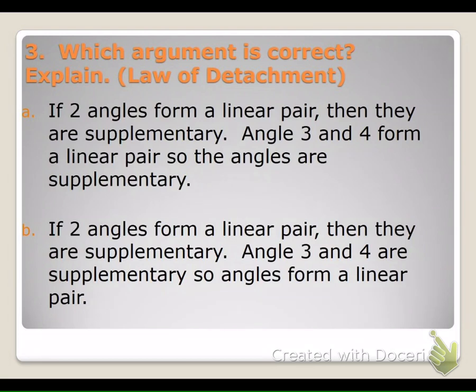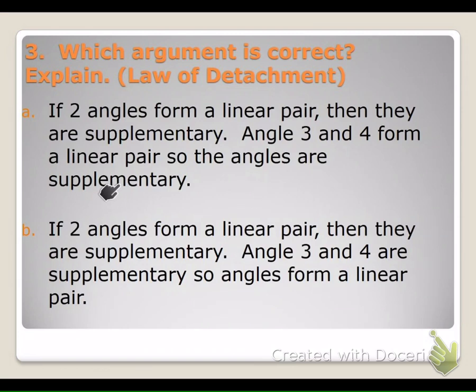Which one follows the law of detachment more clearly? It follows the correct order of the argument. It's a linear pair, then they're supplementary. So does that happen in part A or part B? If they form a linear pair, then they're supplementary. Hey, these guys are a linear pair, they're supplementary.